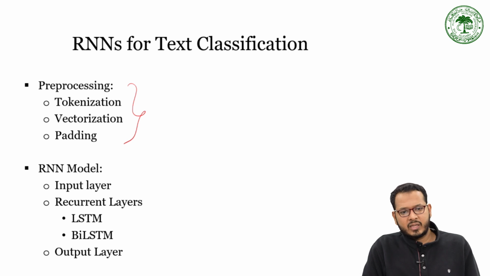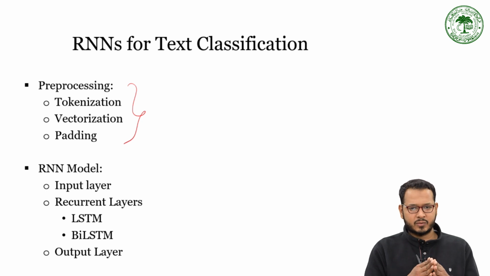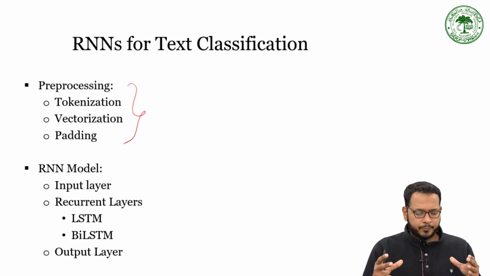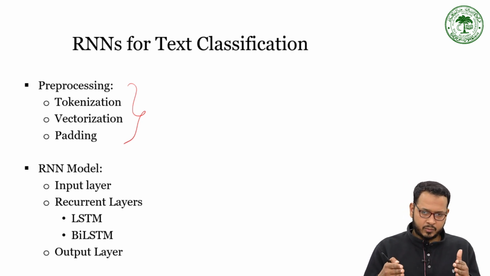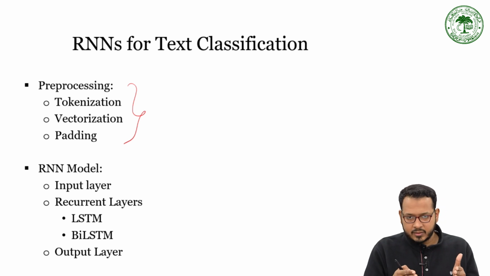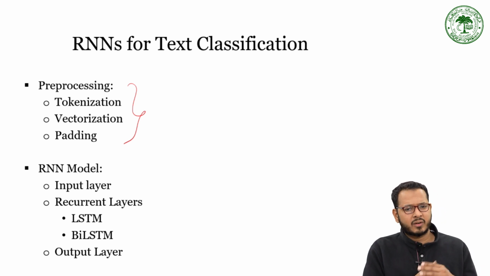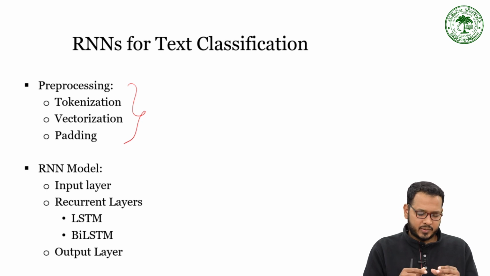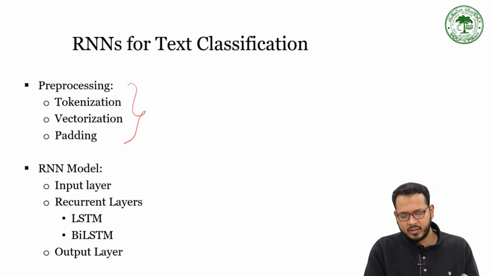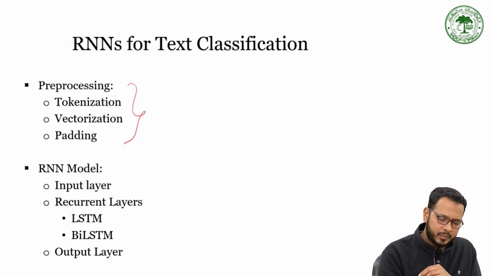So the first thing that you can see here is called tokenization. Tokenization is similar to what we have seen earlier. So we take this text and we convert that into individual words, and these words are called tokens. Once again, tokens are not exactly words all the time, but when you divide text on the basis of its spaces in between, the individual component is called a token. So this is step number one.